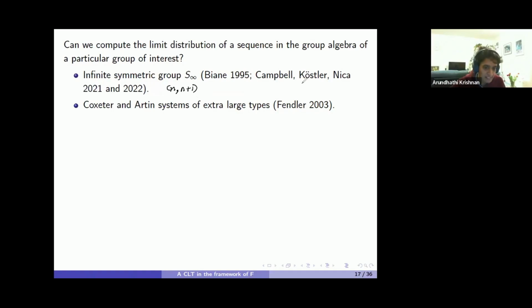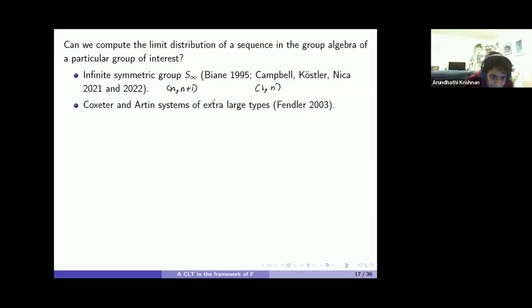Much more recently, Kostler, Nica, and then Campbell, Kostler, and Nica looked at the so-called star generators, which are the transpositions (1 n), and looked at a different trace in the group algebra, not the canonical trace, but some other linear functional, and showed central limit theorems in that context. In 2003, Fendler also looked at more general Coxeter and Artin systems of large and extra large types, and there also some CLTs were found.